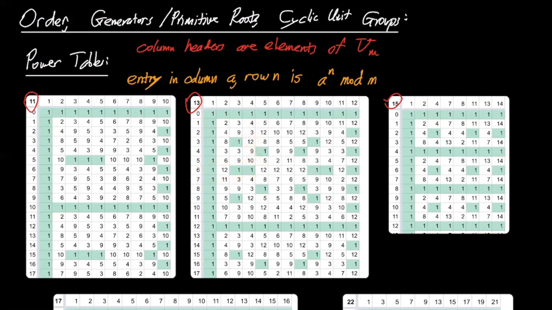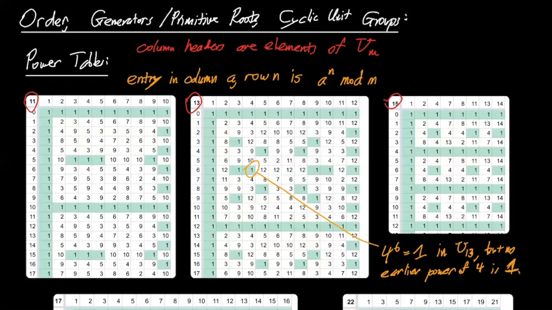So 4 to the 6th is congruent to 1 mod 13, or is 1 in U13. But no earlier power of 4 is 1. That's the first time it happens.